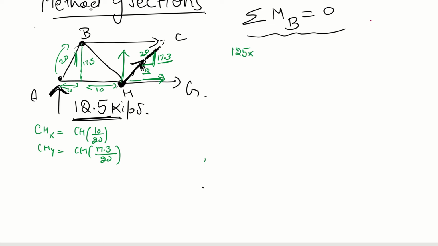So 12.5 times 10, the perpendicular distance is 10, and this is negative, plus CHX times 17.3, plus CHY, which is trying to rotate counterclockwise, so positive, times the perpendicular distance, which is 10.